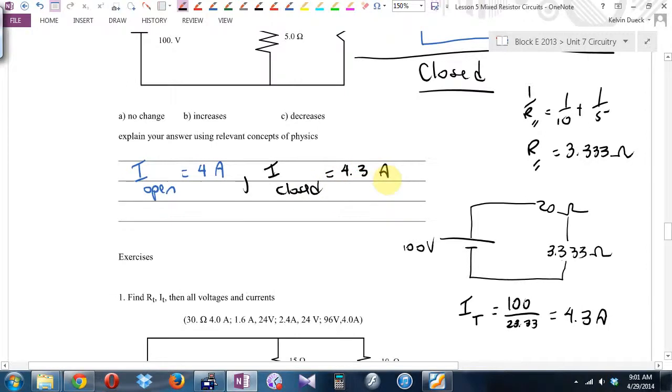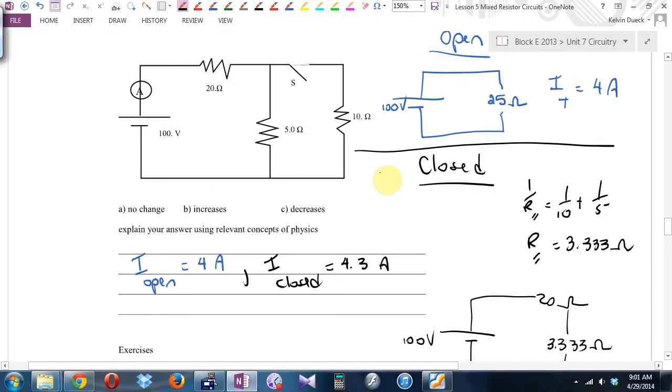And now I can tell you the answer. When you close the switch, this ammeter that's measuring total current, will the current not change, increase, or decrease? Turns out it increases. What does that mean? When you close the switch, this bulb would get brighter, not dimmer.